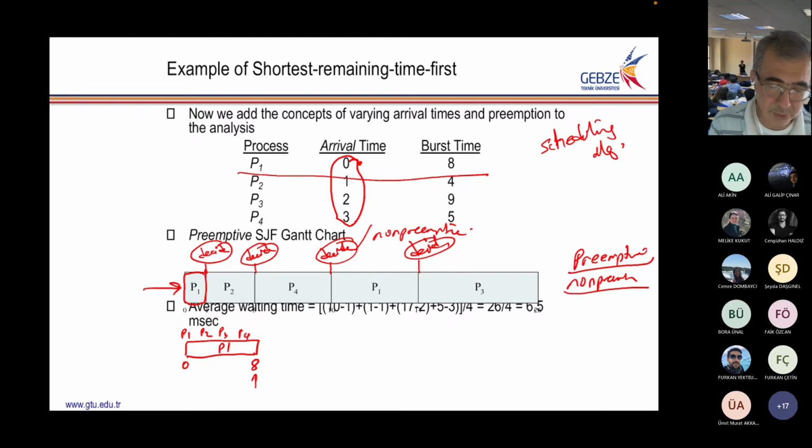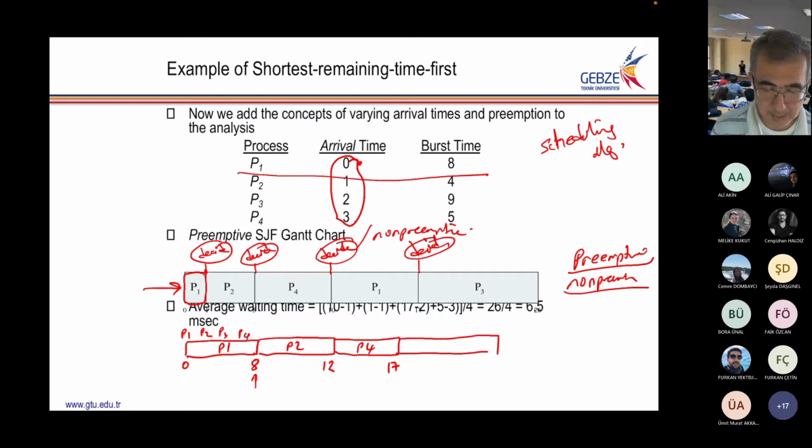So if we choose the shortest one, P2 will be executed. And how long is it? 4, right? 8 plus 4, 12. Then P4 is executed. 5 plus 12, 17. Correct me if I'm wrong. And the longest one will be executed lastly.